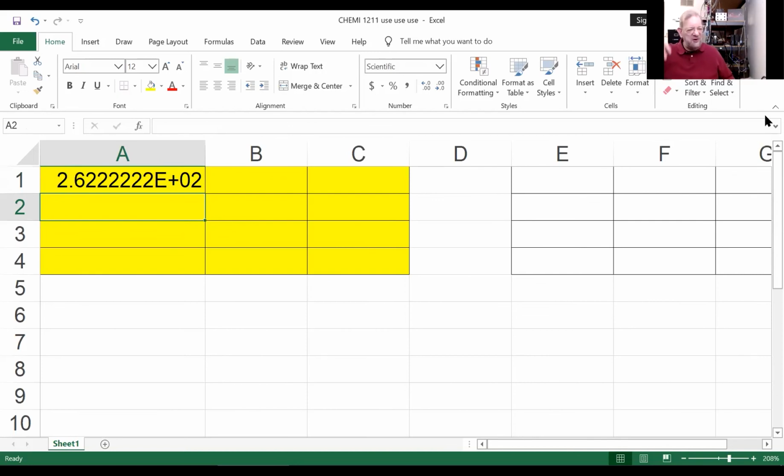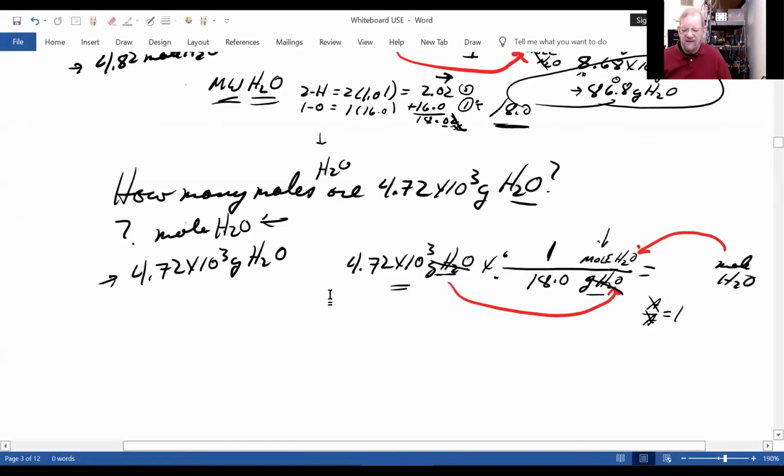Wow, look at all those 2s. How do you round this off to 3 significant figures? Keep 2, keep the 6, keep 2, use the next digit to round off. 4 or less, drop this. So that would be 2.62 times 10 squared. So the answer would be 2.62 times 10 squared. And that's how you do it.